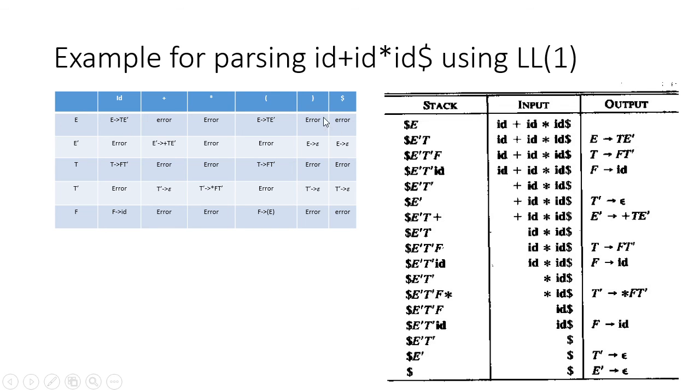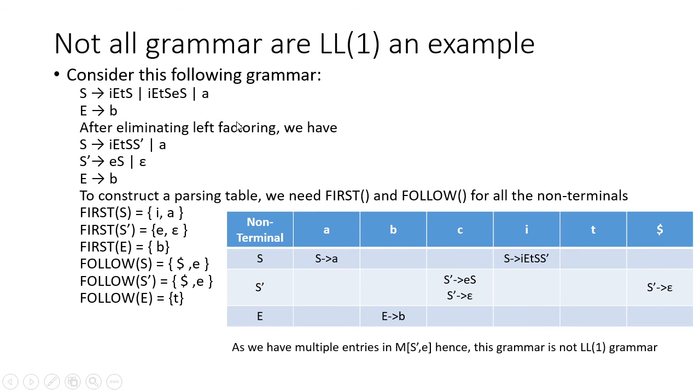If you notice the earlier table, there is only one entry for one cell, but in this case there are two entries for one cell. So such grammars are not LL1. So if the question arises whether all grammars are LL1, then the answer is no. So that completes your chapter on predictive parsing or LL1 grammar.